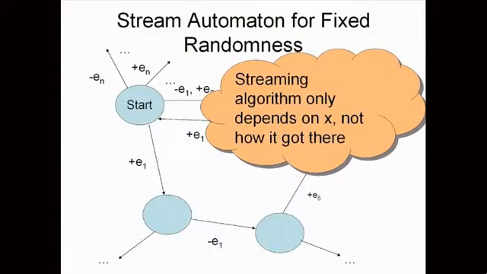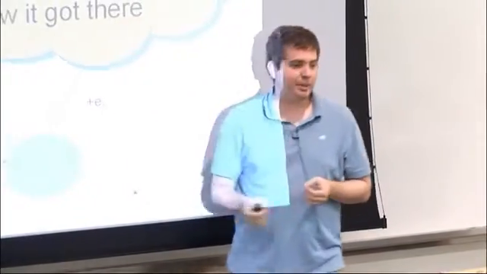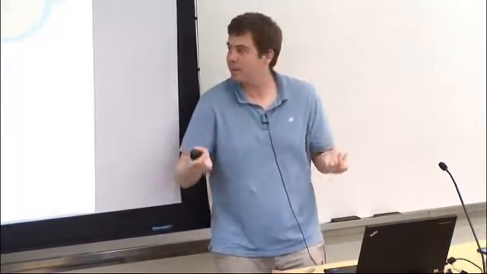A property that we want is the following. We would like that the streaming algorithm, the state that it's in, only depends on what the current value of this underlying vector x is. This vector x is evolving. We don't want it to depend on how it got there.